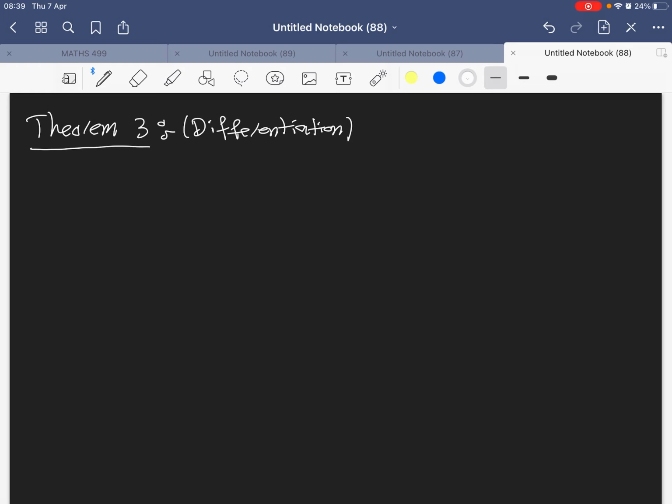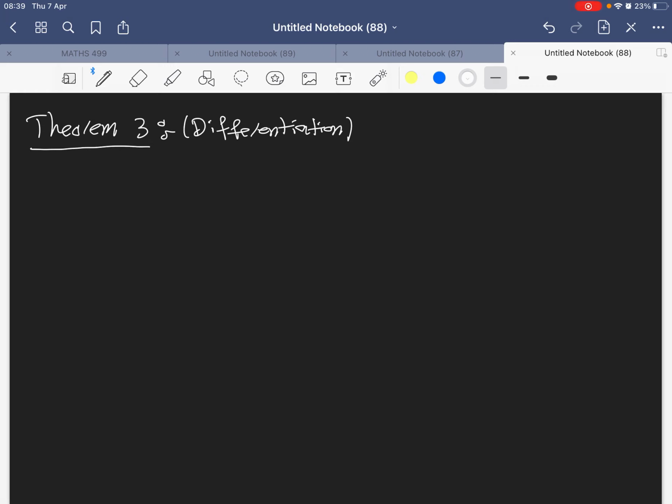If you remember, there are 3 conditions that we need to check, and from there we can continue. Okay, let's see for the differentiation.